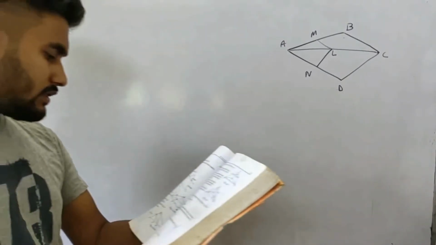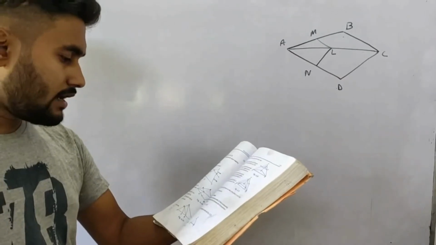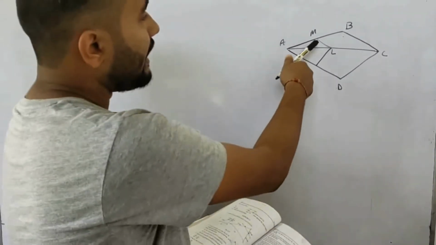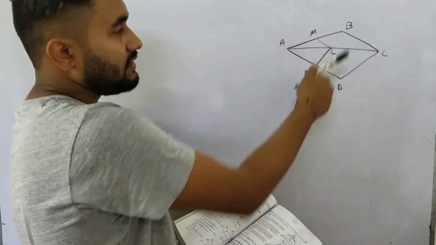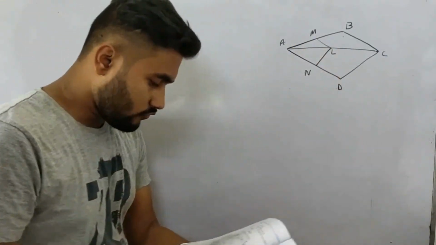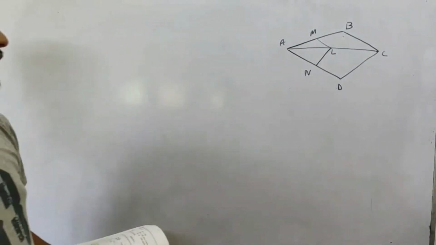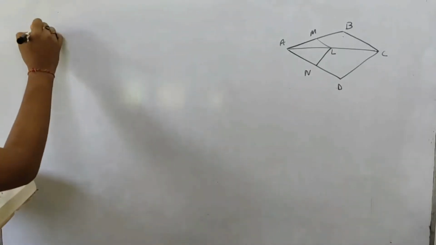Now you see what is given in the question. In the figure, LM is parallel to CB and LN is parallel to CD. Prove that AM by AB is equal to AN by AD. So you write the given part.